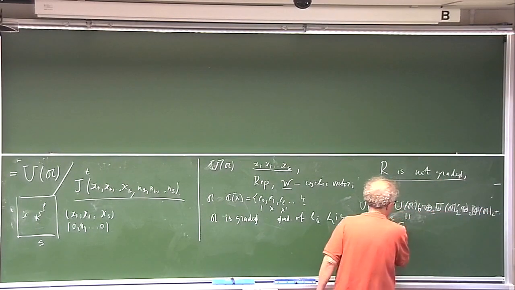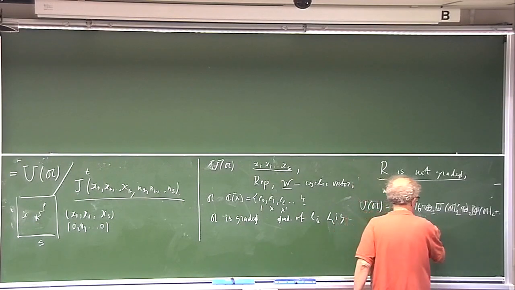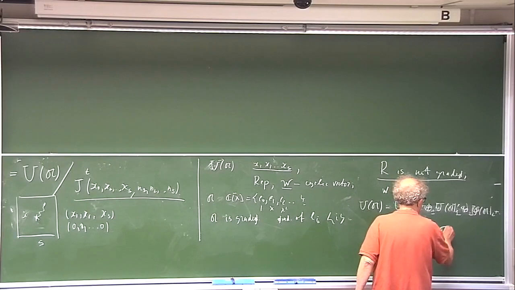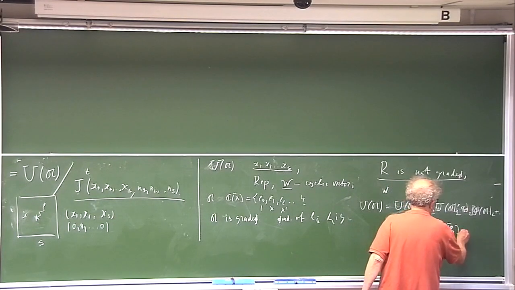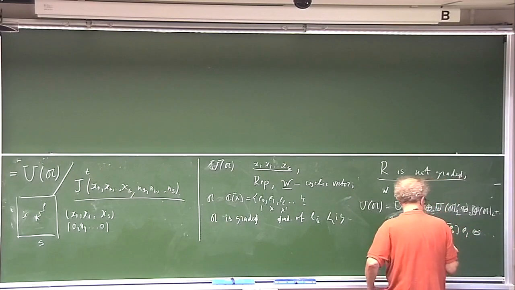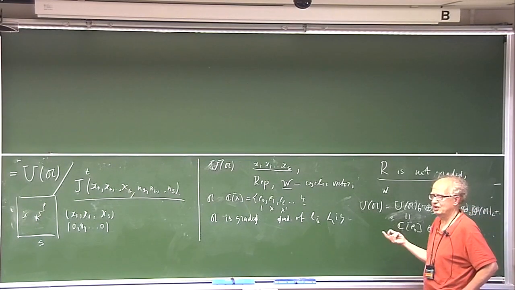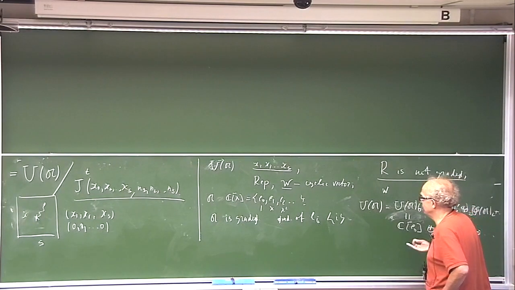So this part is C times 0. It is grading 1. This part is C times E1. And so on. And here, what we have, C times E1 squared or E2, and so on. But anyway, it is some graded space.